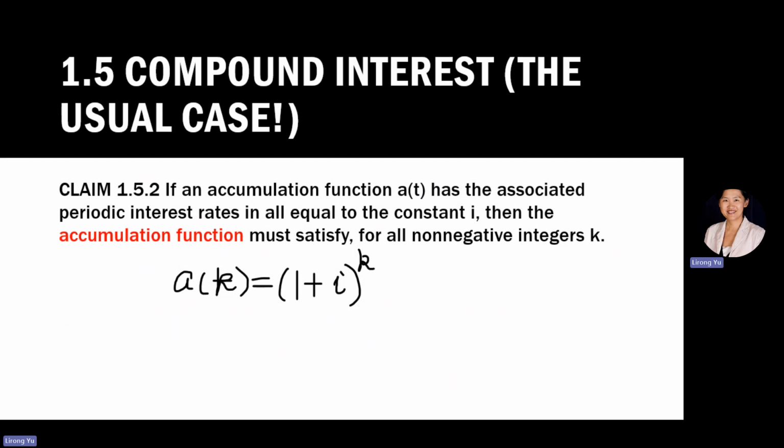Here the I is representing the interest rate, and K, of course, should be the number of years. Any question? So that's the compound interest model. If you remember, the normal formula for compound interest is P times 1 plus I to the K. But in our case, we use a capital K for the principal. It's okay.